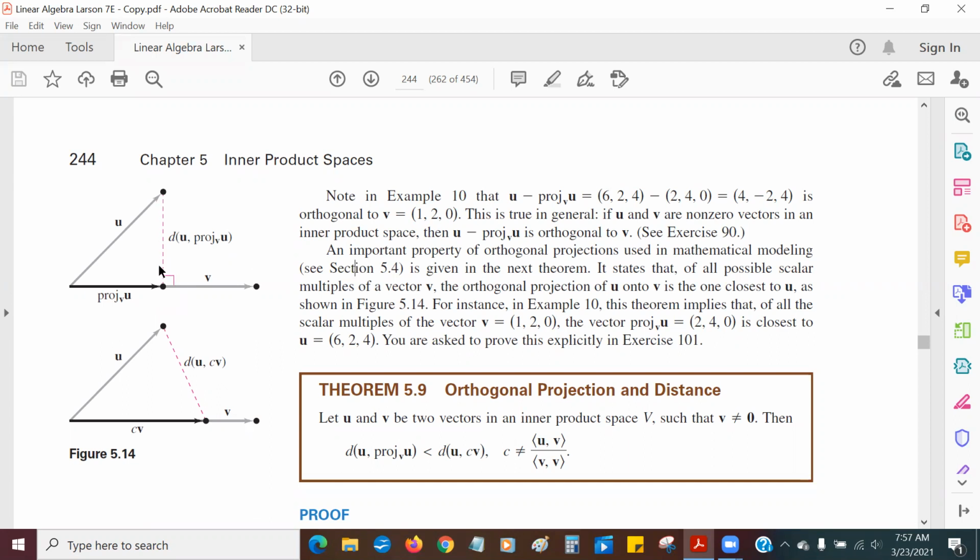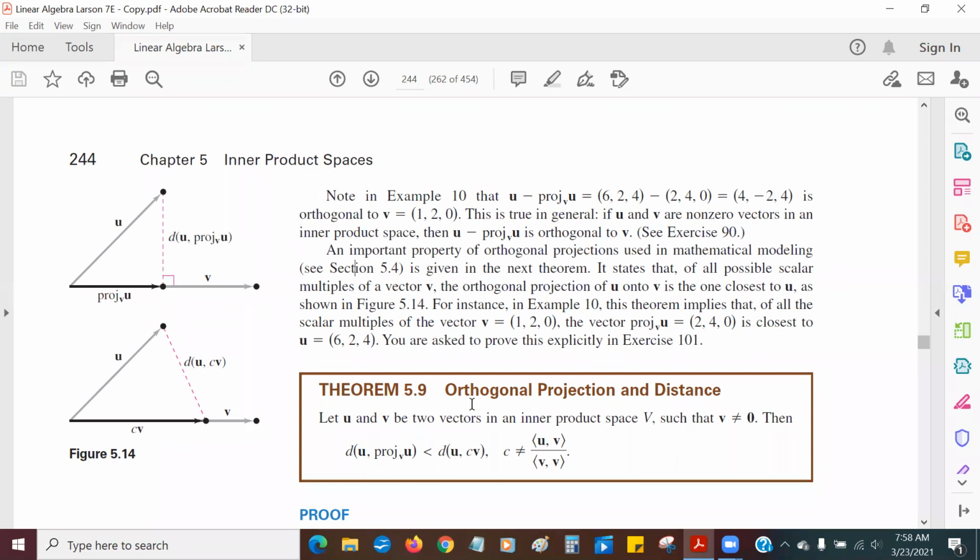But if you notice, this is the shortest distance. What we're saying here is that of all the points on vector v, the shortest distance to vector u is going to be that point right there, which is the tip of the projection vector.